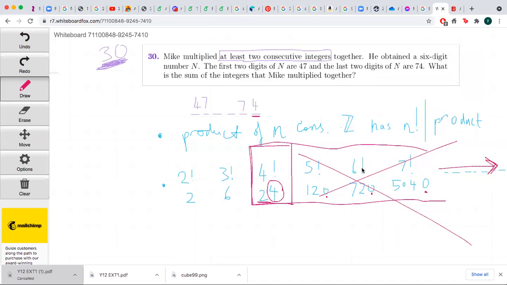No, because it has to be a multiple of 4, and to get a multiple of 4, you only have to look at the last 2 digits. And if the last 2 digits are a multiple of 4, then the number is. And 74 isn't. So yeah, okay, nice.